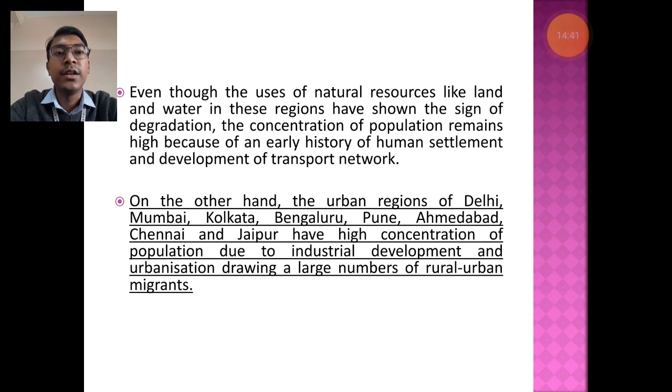These are the cities where the majority of the people are migrants, because they have migrated from the rural areas to these urban areas for earning their livelihood.